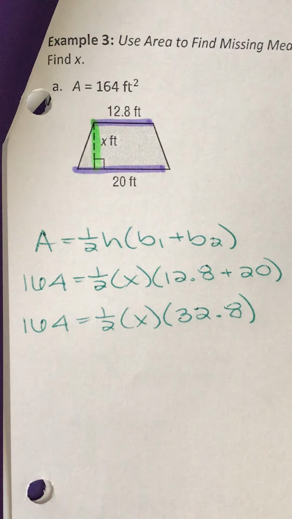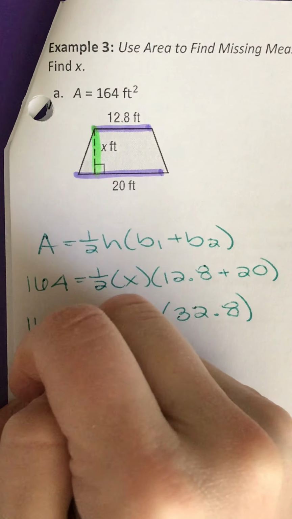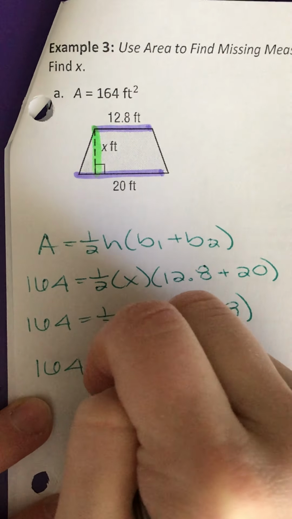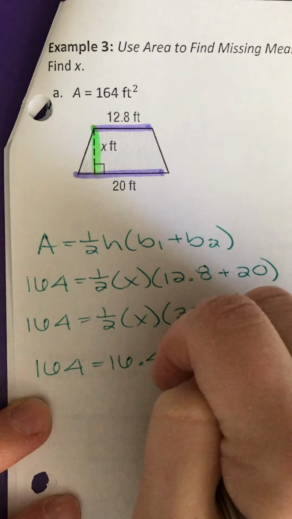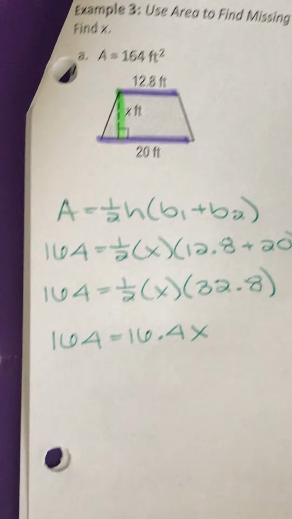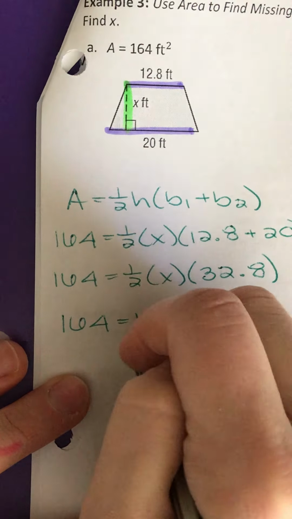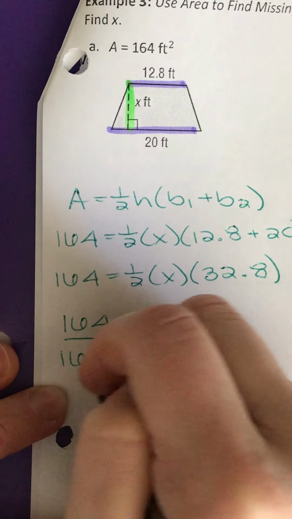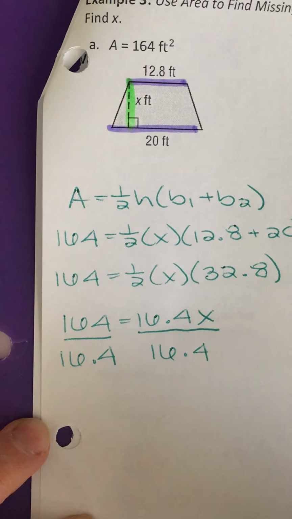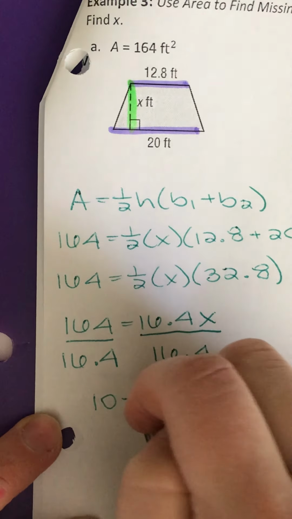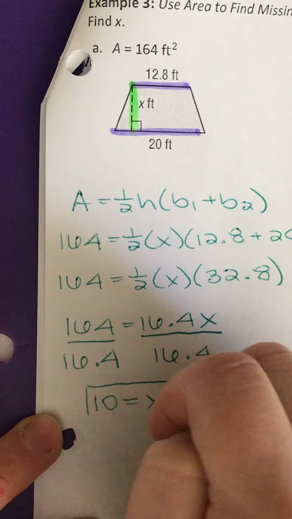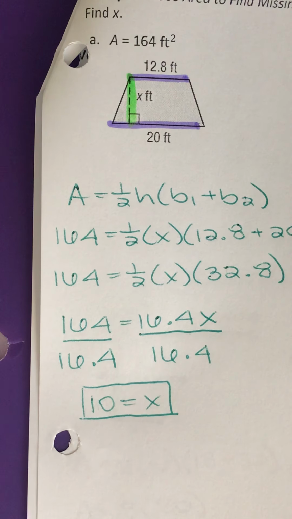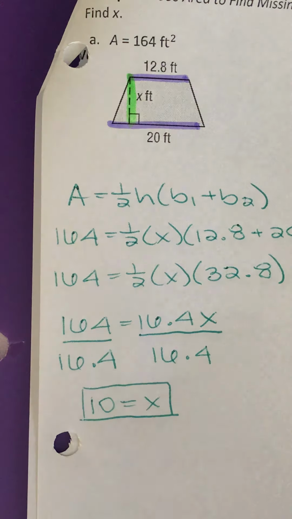I'm going to show you taking half of 32.8. It's 16.4. And then divide both sides by 16.4. And I will get 10 is my x.